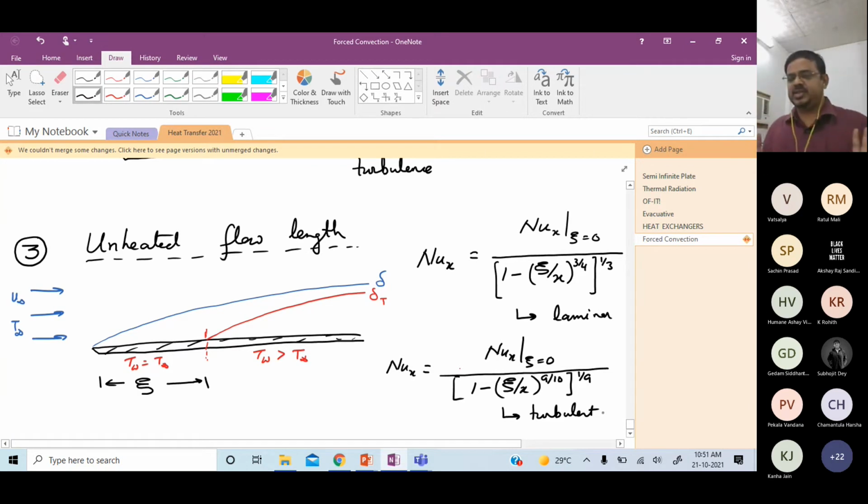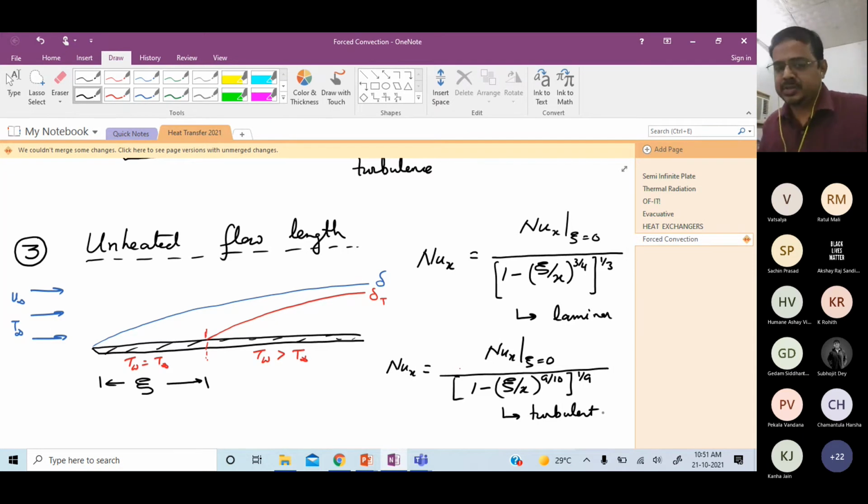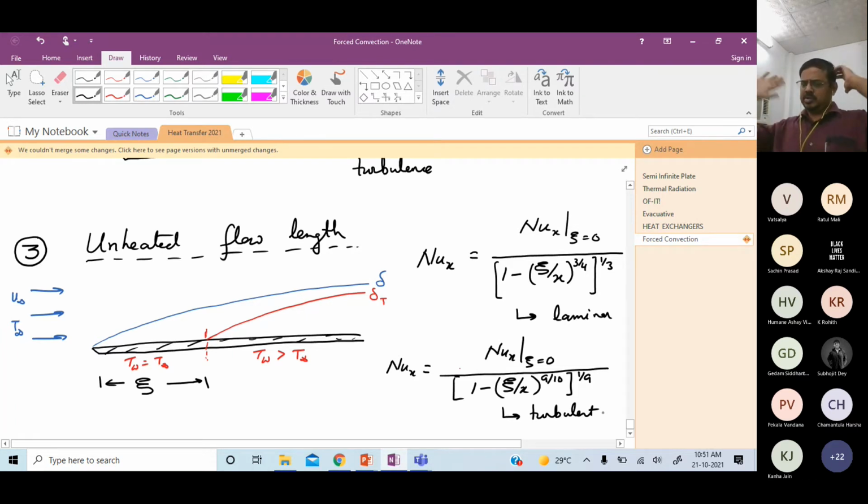So friends, the steps are very important to know. First thing, when you get a problem, you understand what the geometry is. Is it a flat plate? And later on we will see, is it flow over a sphere, cylinder, bank of tubes, whatever it is. Second, find out whether you have a correlation for the geometry. If it's a flat plate, you have a bunch of correlations, as we have seen.